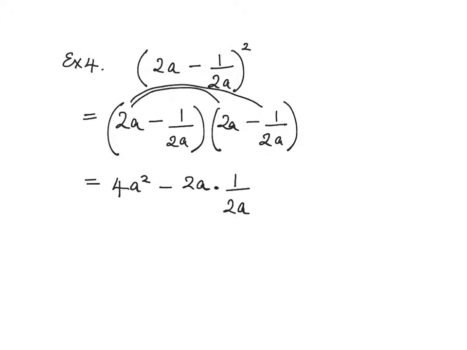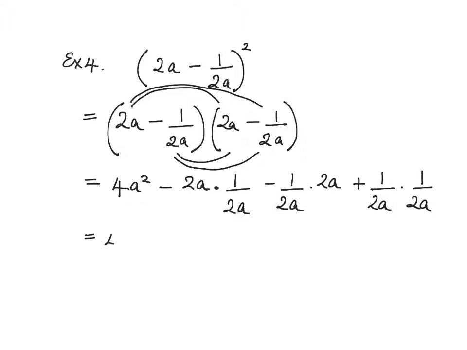I hope you are. Then I have this term here, which is going to be minus, and that's 1 over 2a multiplying 2a. And the last term, negative times a negative is a positive, and I've got 1 over 2a multiplying 1 over 2a.